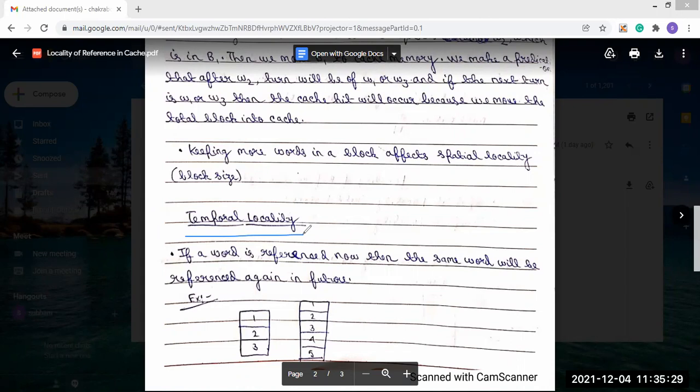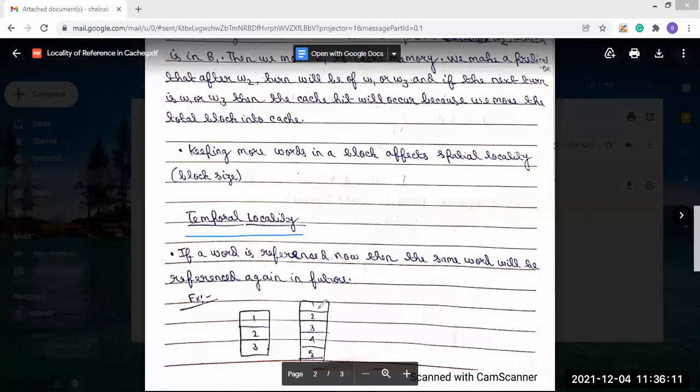So we say that if a word is referenced now, then the same word will be referenced again in the future. Why? Because the CPU has the tendency to access the same block or words again and again. So the word which is referenced now may be accessed again in the future.